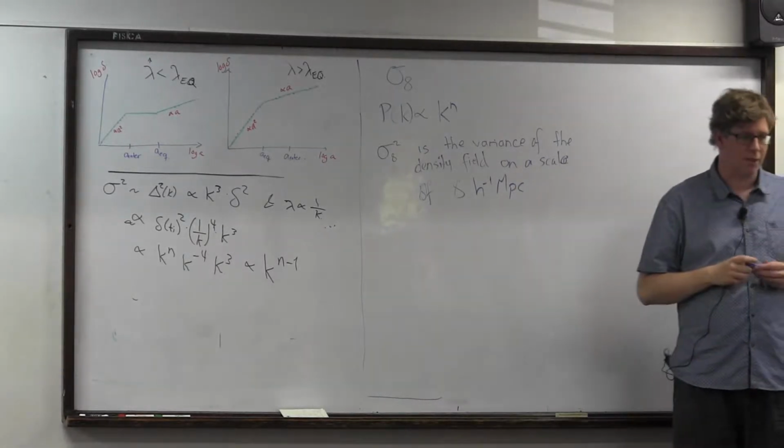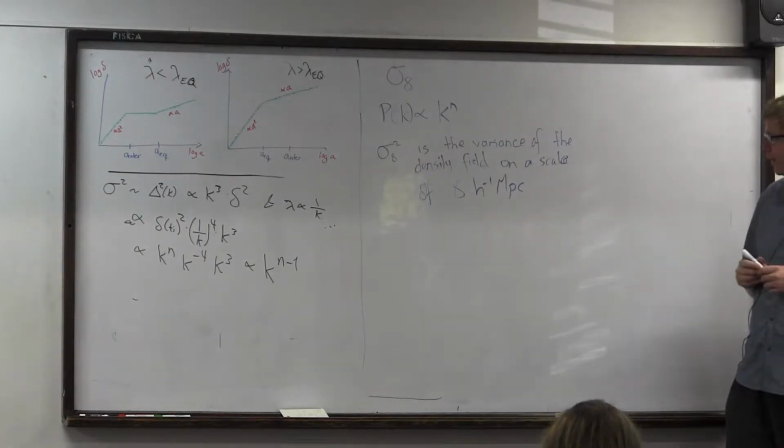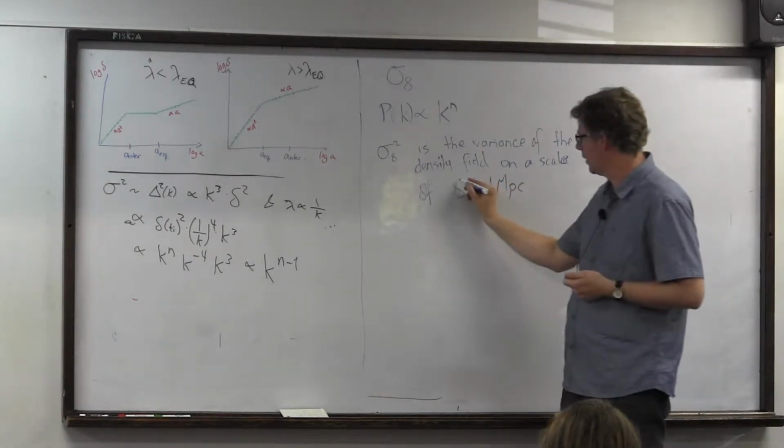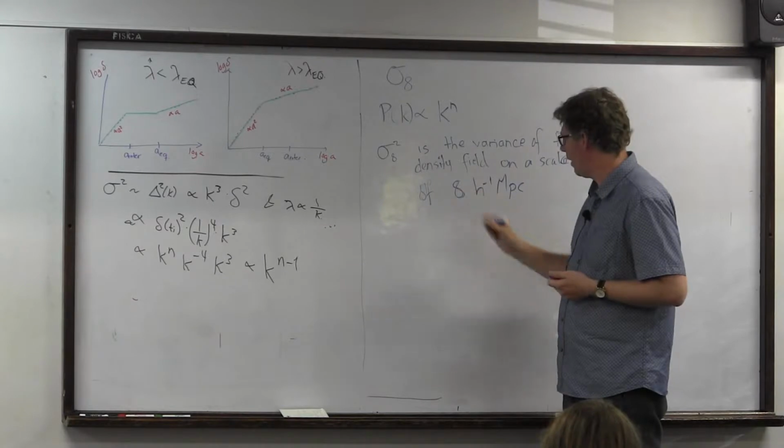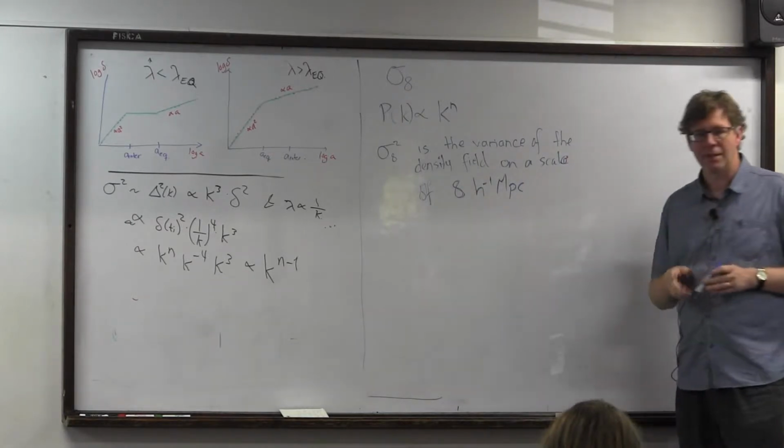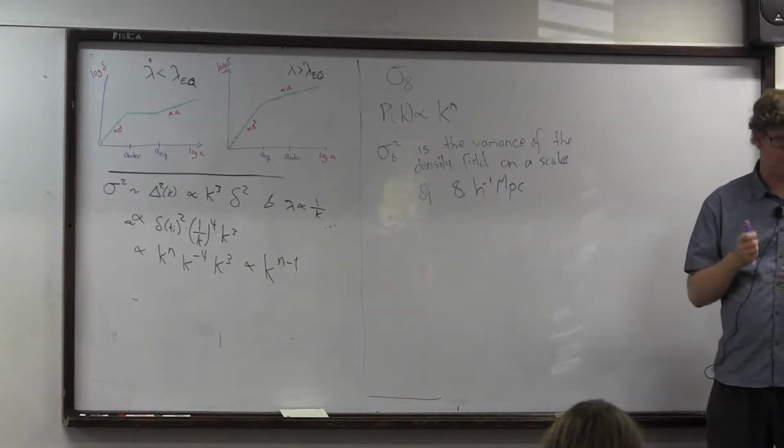So that all sounds a little bit weird, right? Why did we pick these numbers? And what does it really mean to call the variance? So this is a practical way of normalizing.